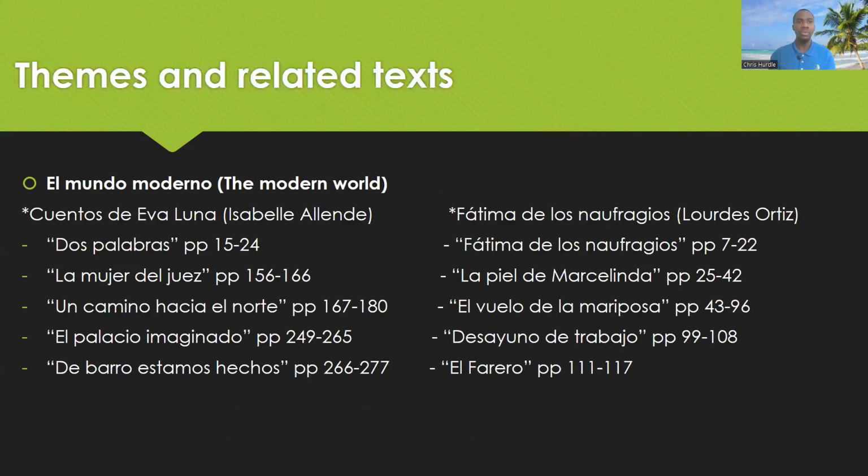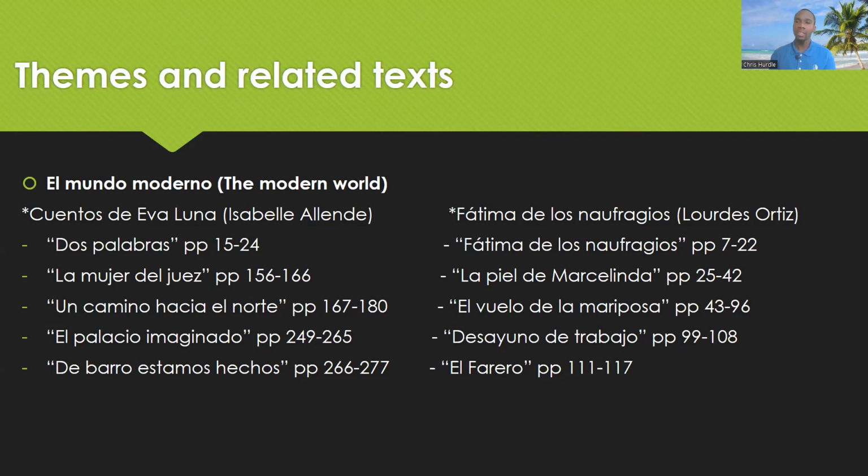When it comes to the themes and related texts, we have El Mundo Moderno, Cuentos de Eva Luna. I studied that. I studied Cuentos de Eva Luna. Dos palabras, La mujer del juez, Un camino hacia el norte, El palacio imaginado, De barro estamos hechos.